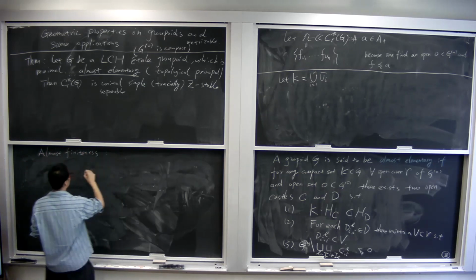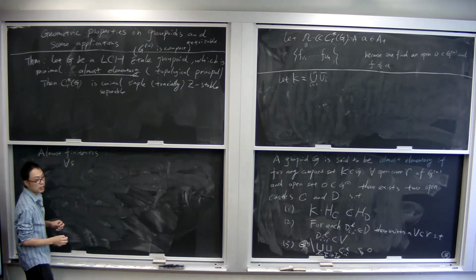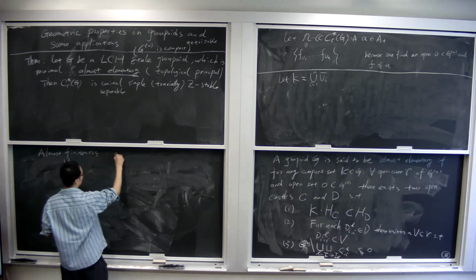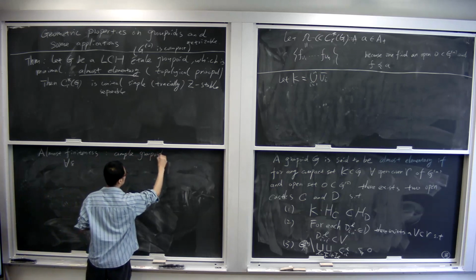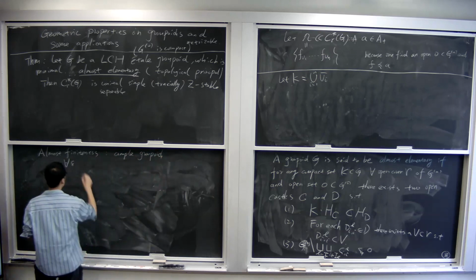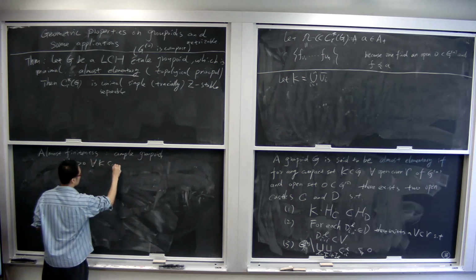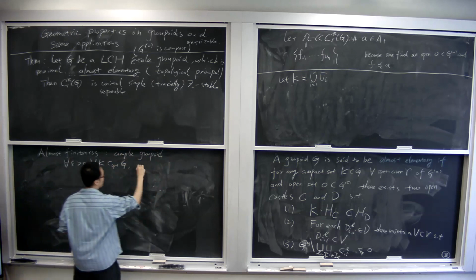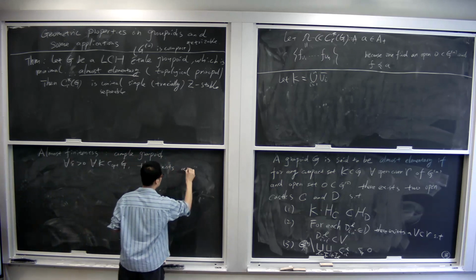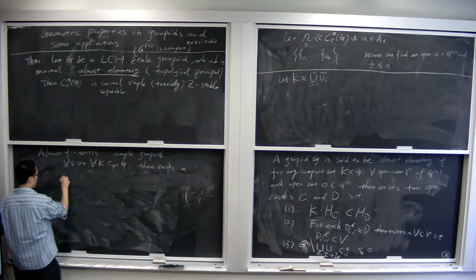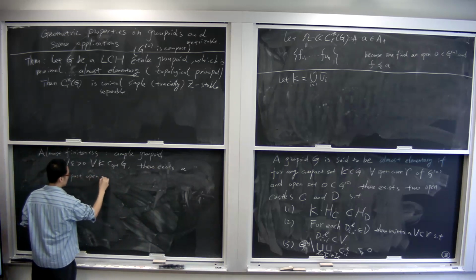For any epsilon, and of course this works only for ample groupoids, for any epsilon bigger than 0, and for any compact set in G, there exists an open or compact open elementary groupoid.